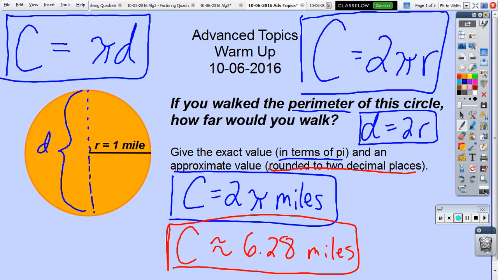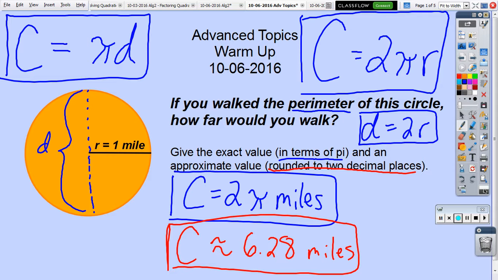And that's on one of the slides. 2 pi radians is equal to 360 degrees. And we can see that just from this formula right here. So let's see this work out.